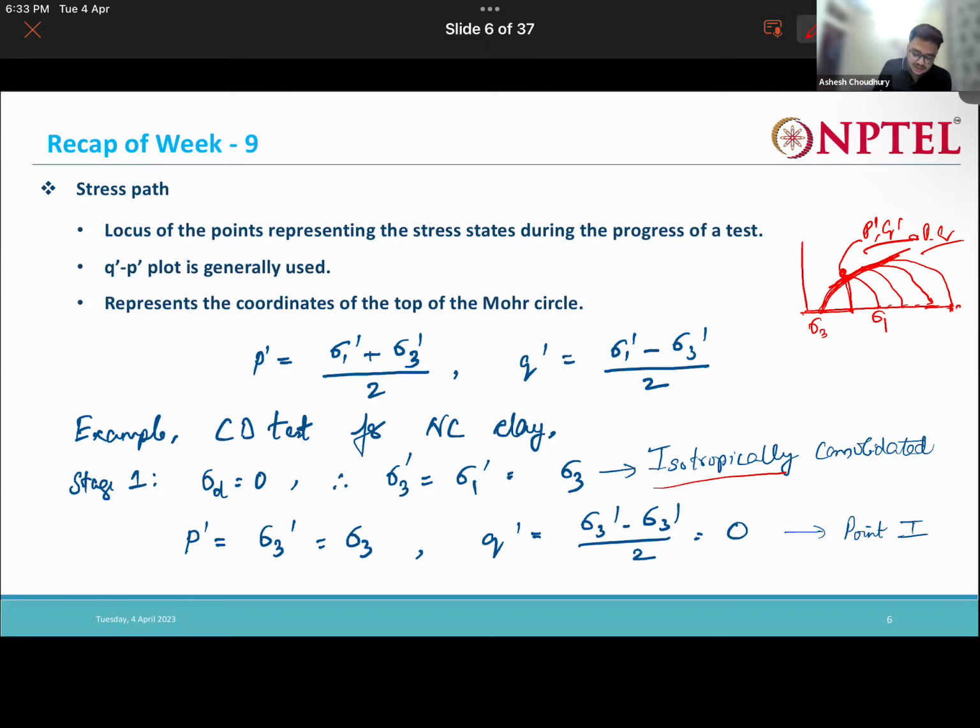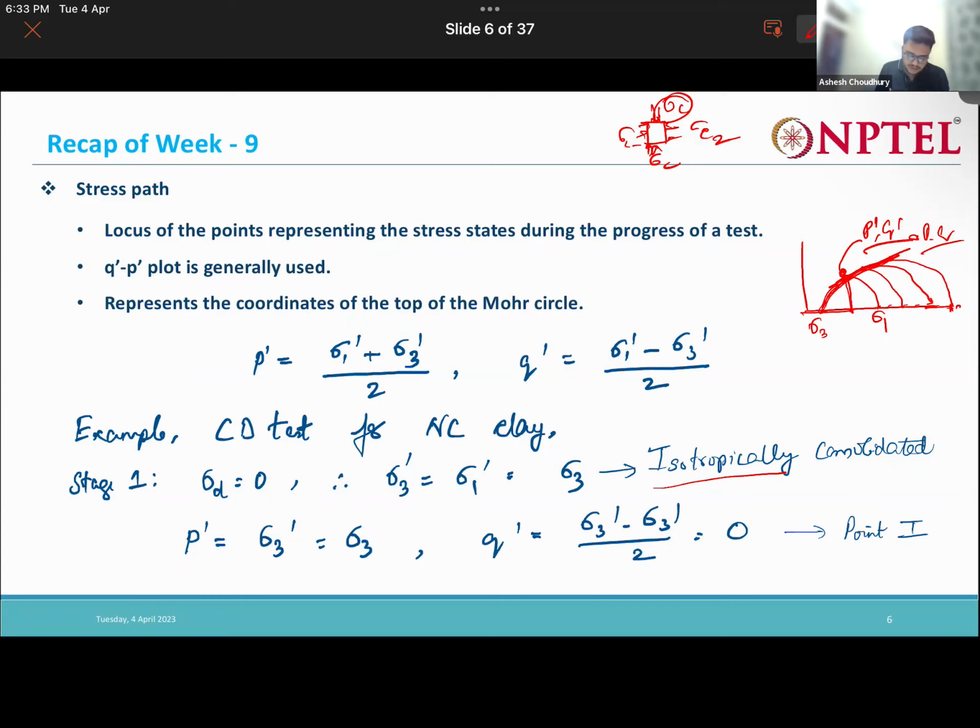Generally during consolidation you apply the same sigma 3 all round, sigma c. Anisotropic consolidation means you apply sigma c1 in the axial direction and sigma c2 in the other direction. Isotropically consolidated means you apply the same stress all around. That is our general case during the consolidation process.